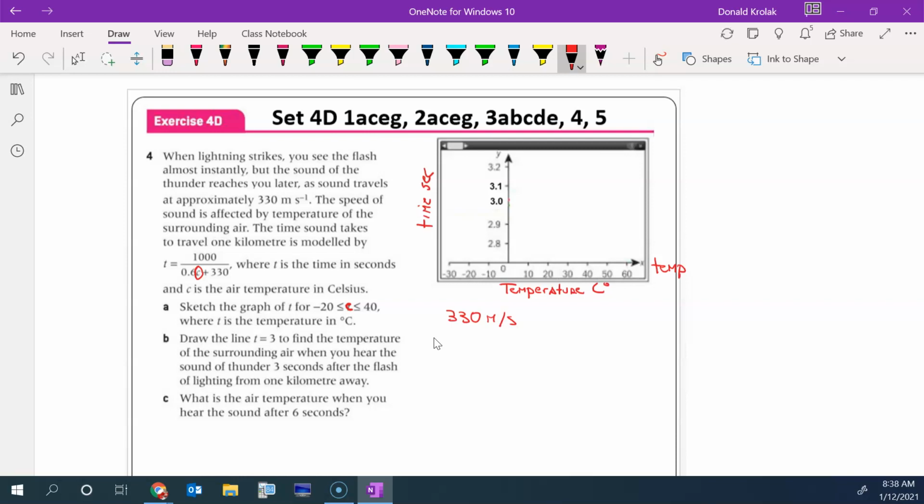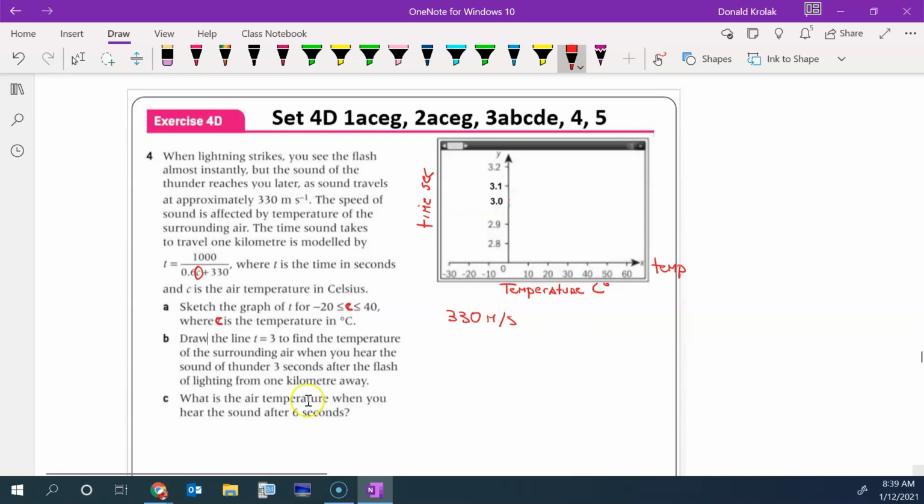If you look at this graph up here, it goes from negative 30 degrees Celsius to 60 degrees Celsius. And this should say where C is the temperature in Celsius. So there were a couple of misprints in there.